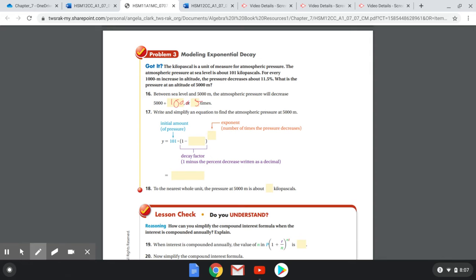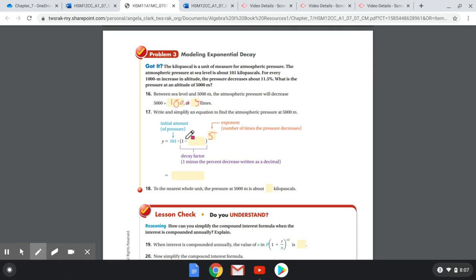It's hard to write on a touchscreen. So our exponent here is going to be 5. The exponent is always going to be the number of times that the thing has happened, no matter what the word problem is.